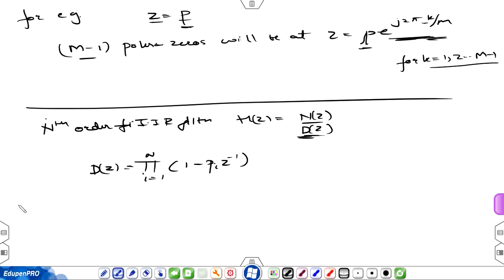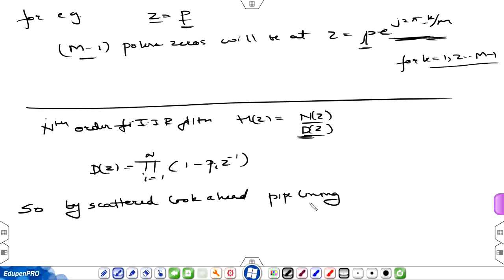Okay, so by scattered look ahead pipelining, let's say we are pipelining it by M stages. The transfer function will be given by H(z), that is N(z) by D(z).